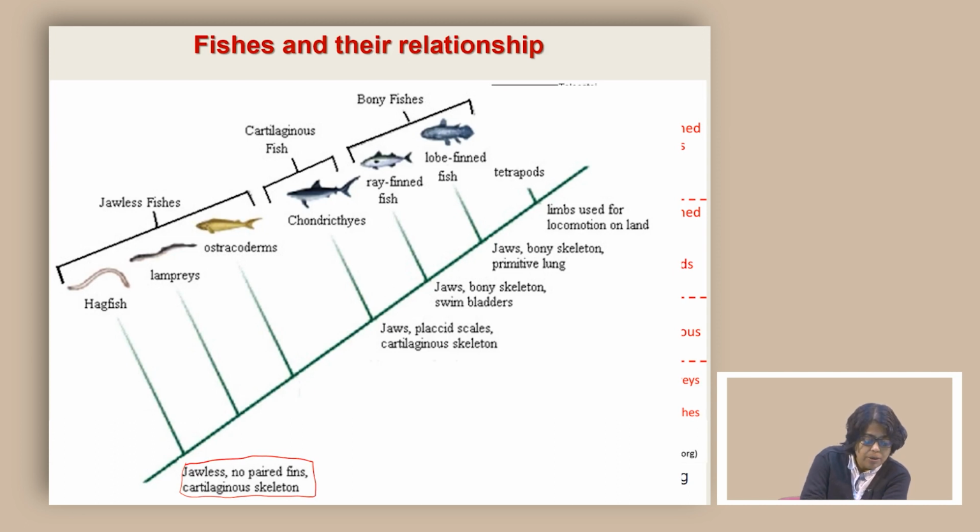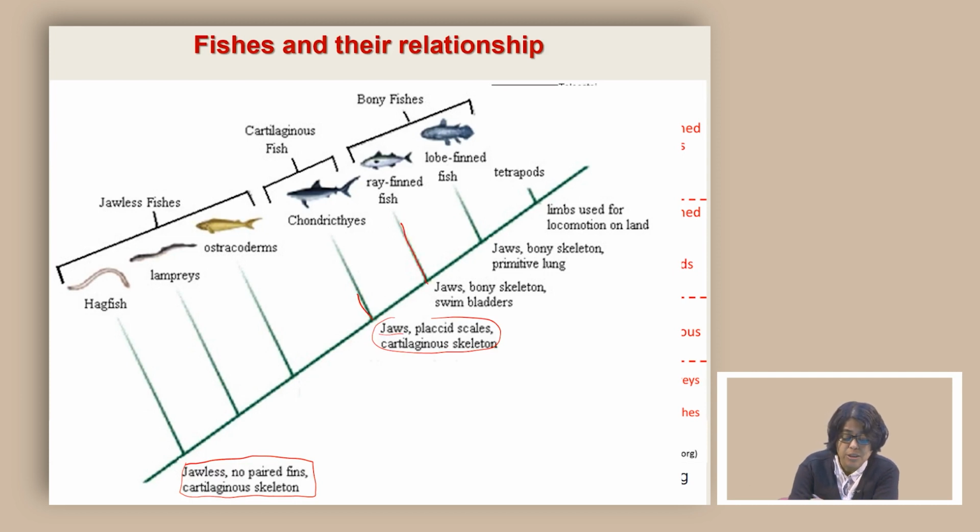So, for example, for these groups we will find that they are jawless, they do not have jaws, they do not have paired fins, and they also have a cartilaginous skeleton. But then we come to this part where this branching tells us that we are now looking at a group which has jaws, a particular type of scale and also a cartilaginous skeleton.